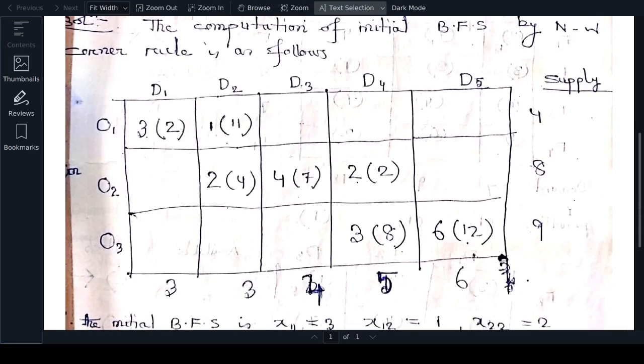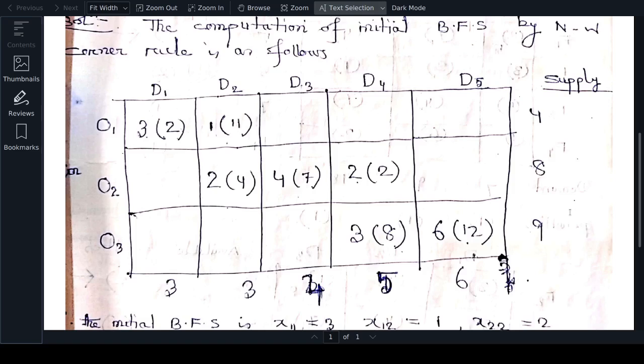Next you see there is remaining quantity in row 6. So we move to the right hand side of this cell. So we move to the cell number 2 comma 3. So here supply is then 6, demand is 4. How much to give? 4, right?